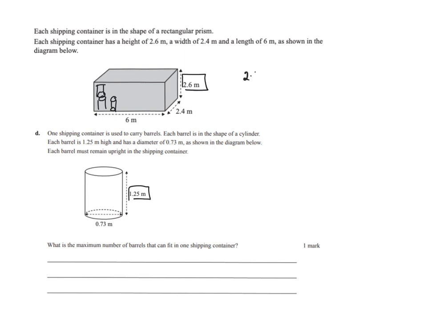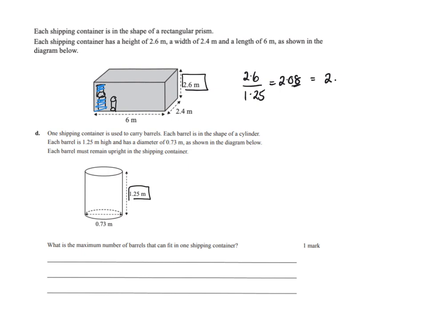So if we do 2.6 divided by 1.25, what do we get? We get 2.08. We've got to round down because we're not going to have a lid. So we know we can get two stacked on each other, one on top of the other.